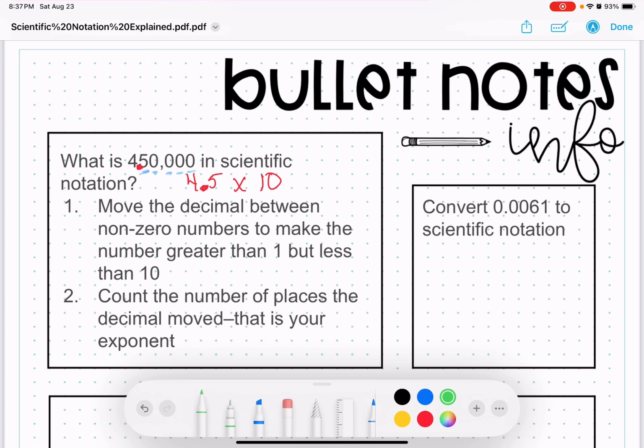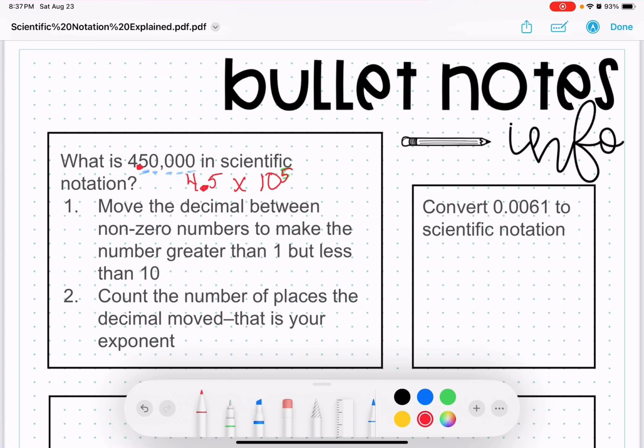So we moved our decimal 5 places. That makes it 10 to the 5th. And if you use your calculator, 4.5 times 10 to the 5th, you'll get 450,000.